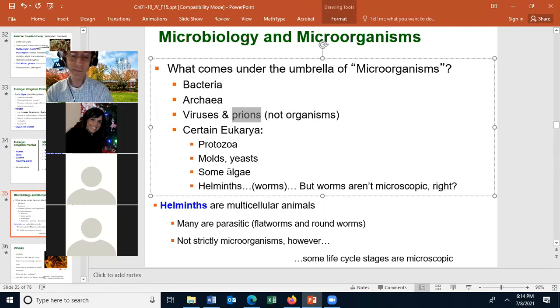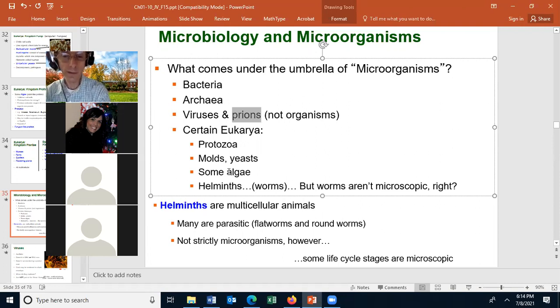And for most of the parasitic helminths, it's the fertilized egg which is infective to the human. The only exception, there are a few worms that can actually burrow into our skin, and those would be the only exceptions.